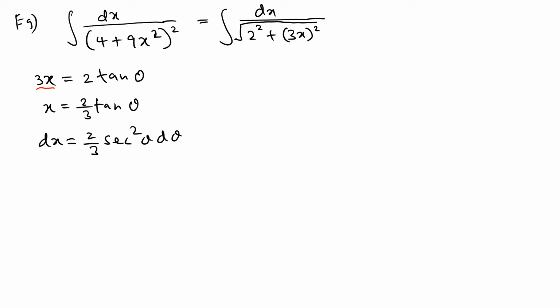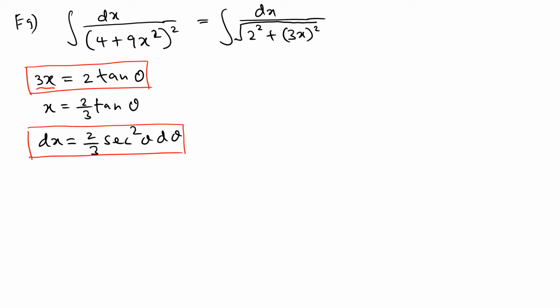Now as before we're going to do the substitution. So that's what we did here, and that's the derivative term. Okay, and then let's substitute. If you substitute, what are you going to get? dx, which is 2/3 secant squared theta d theta, and in the bottom we have 2 squared plus 3x squared, so you're going to get 4 tan squared theta.